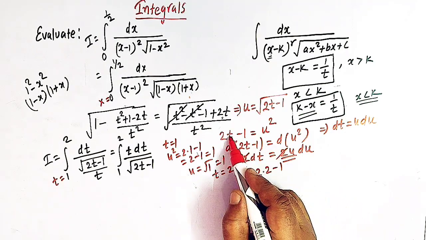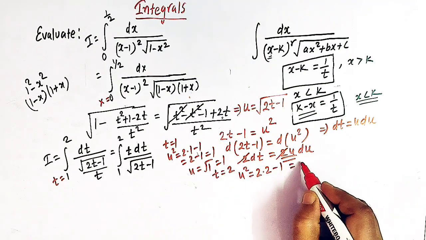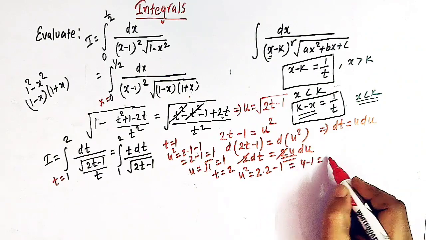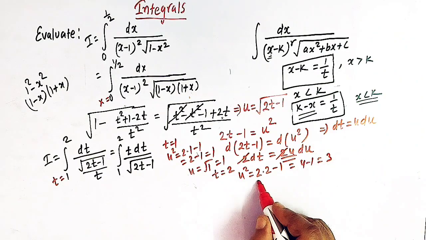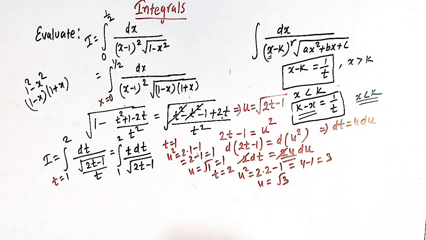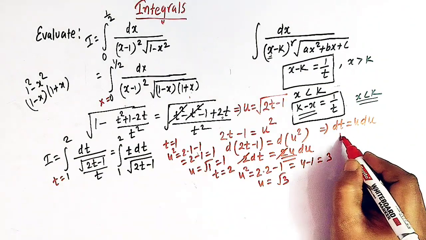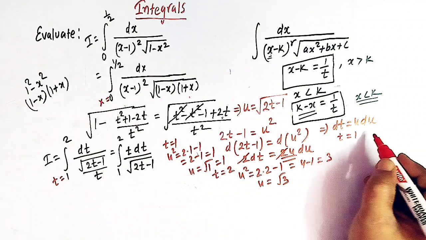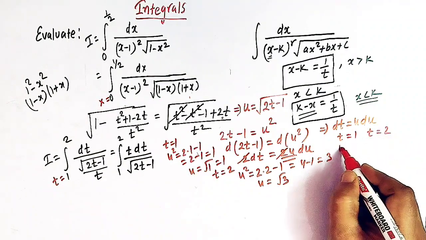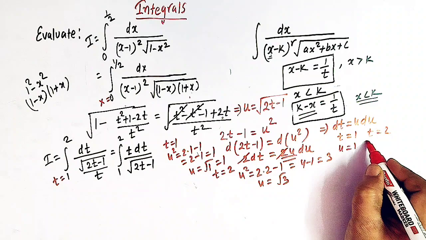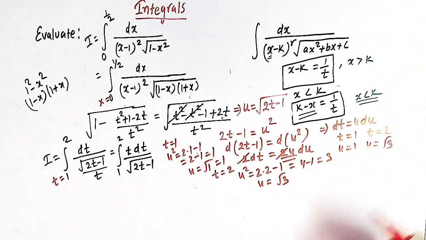Here we take t is equal to 2. So this is 4 minus 1, that is simply 3. So u is square root of 3, right? So when t goes from 1 to 2, u goes from 1 to square root of 3, right?